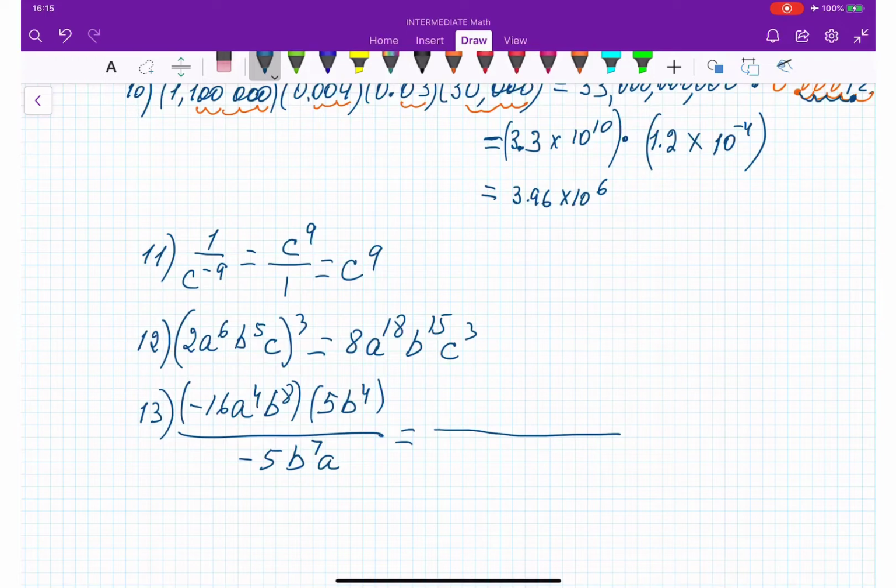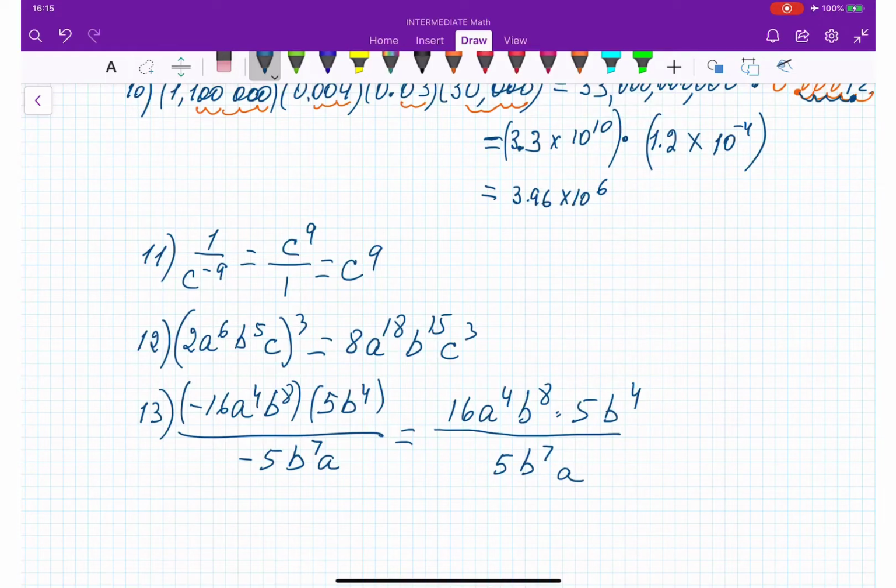And here we have 16, a to 4, b to 8, times 5, b to 4, and 5, b to 7, and a. Let me repeat one more time. We have in the numerator negative, we have in the denominator negative, therefore the fraction is becoming positive.